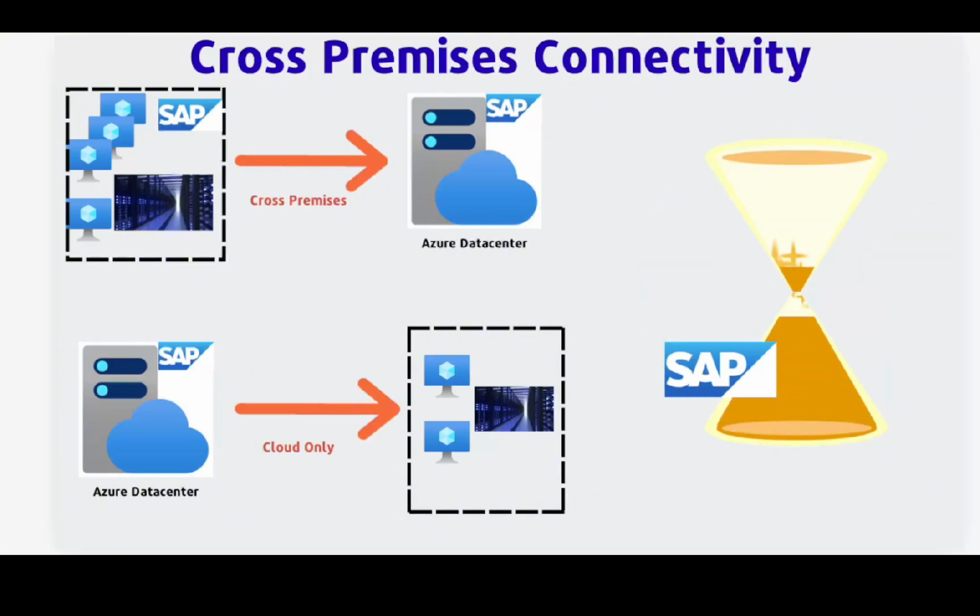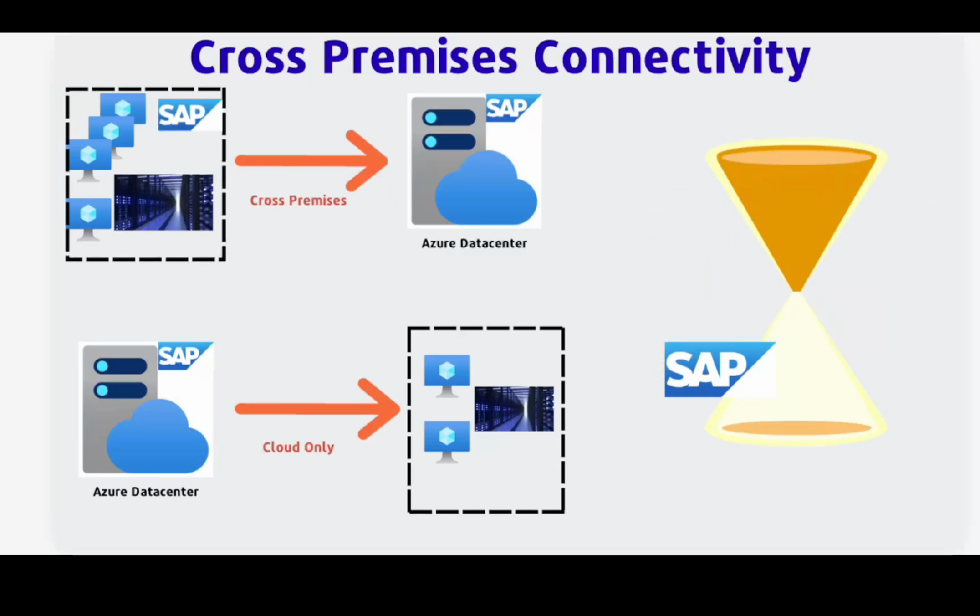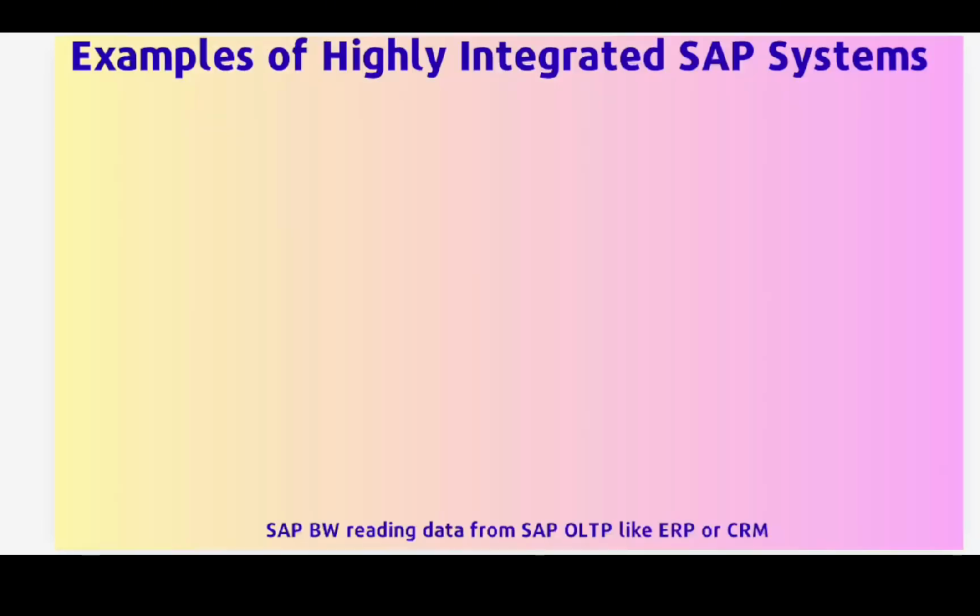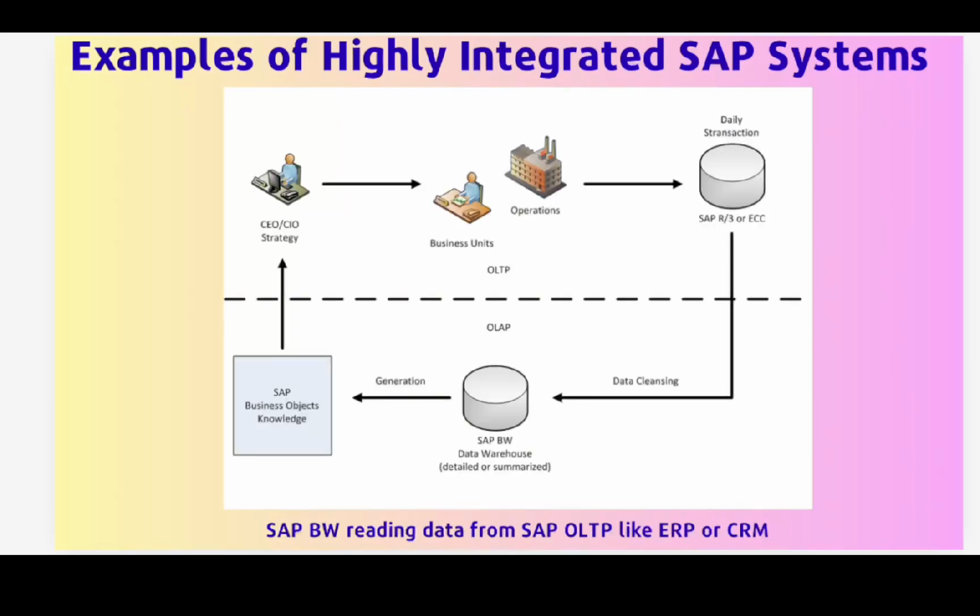Let us see a few examples of highly integrated SAP systems. Now, one example of a highly integrated SAP system is SAP BW, which is reading data from SAP OLTP like ERP or CRM. As you can see, a diagram on the screen shows the flow of data.